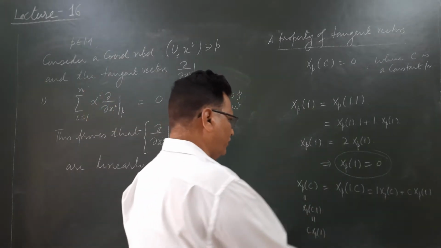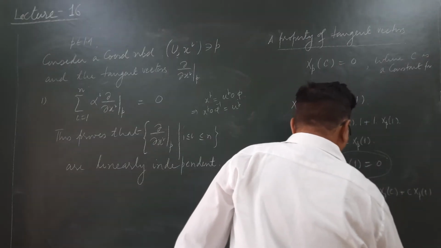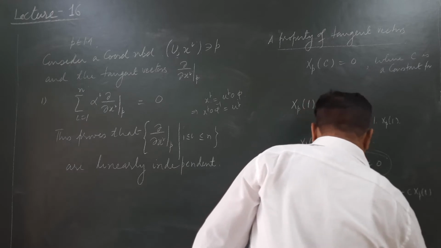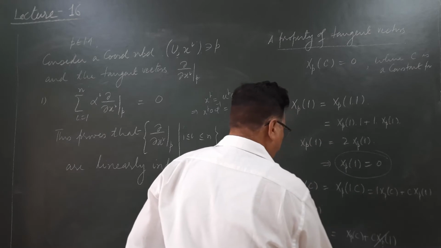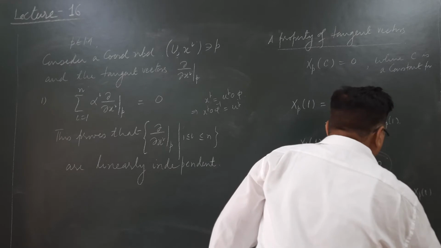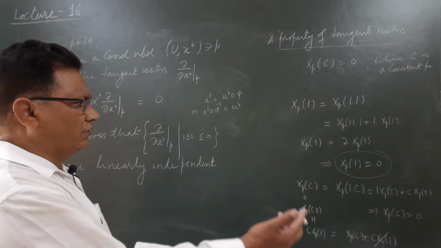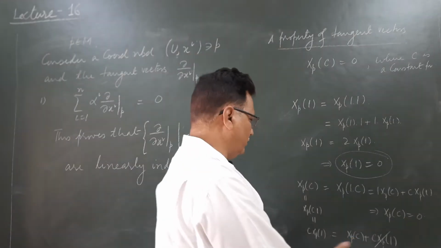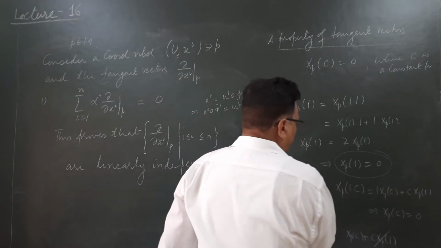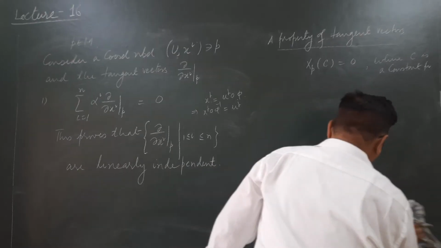Okay, so what do you notice? These are cancelled out. Right side is XPC plus C times XP1. This is 0. So XPC is C times XP1. XP1 is 0. So you get XPC is 0. XP1 0 हो गया तो उसको आप C times XP1 लिख सकते हो, तो XPC, and therefore it is also 0. So this property is true कि tangent vector operating on a constant function is 0.